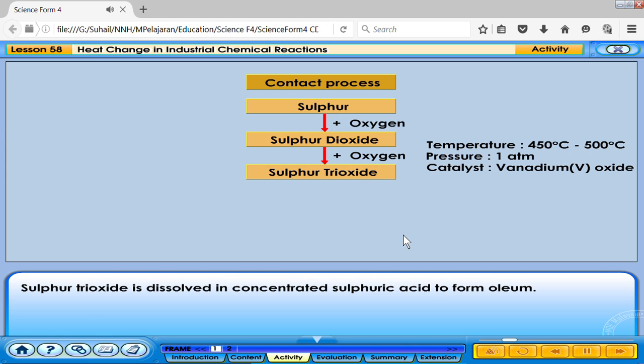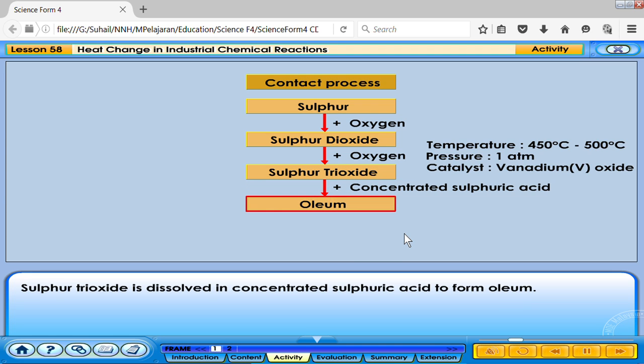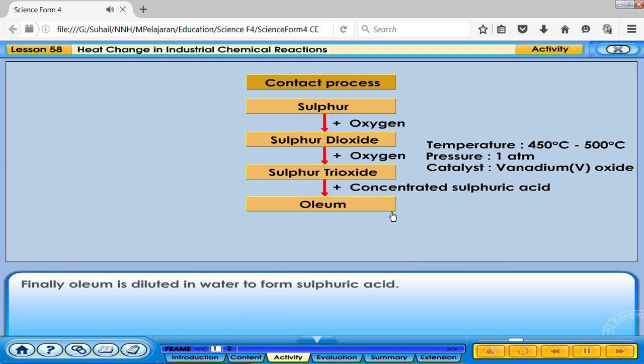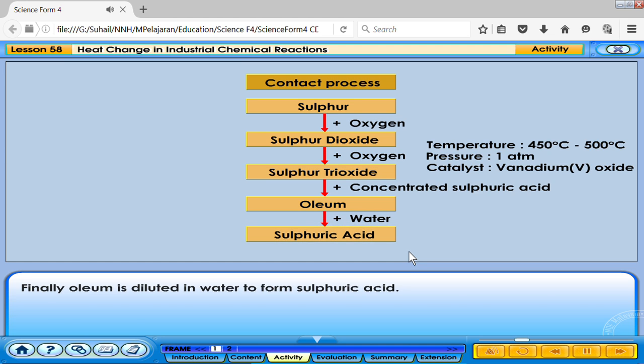Sulfur trioxide is dissolved in concentrated sulfuric acid to form oleum. Finally, oleum is diluted in water to form sulfuric acid.